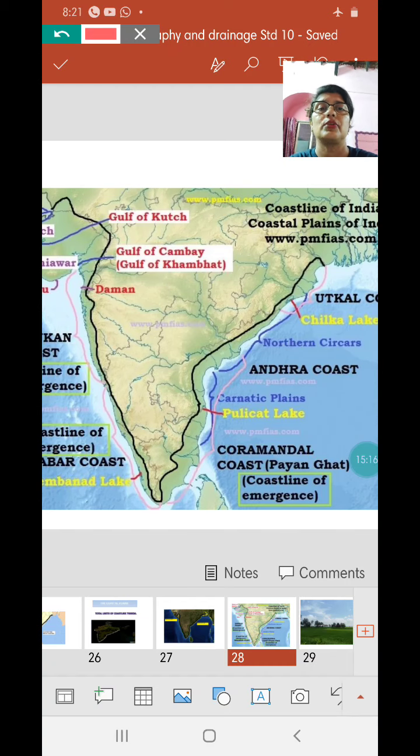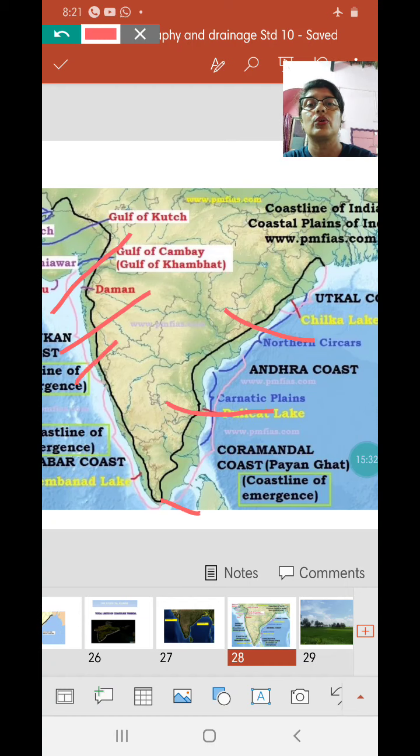It is not necessary to mention the names, but you can say the eastern coastal plain stretches in the states of Orissa, Andhra Pradesh and Tamil Nadu. On the other hand, the western coastal plain extends in the states of Gujarat, Maharashtra, Goa, Karnataka and Kerala.